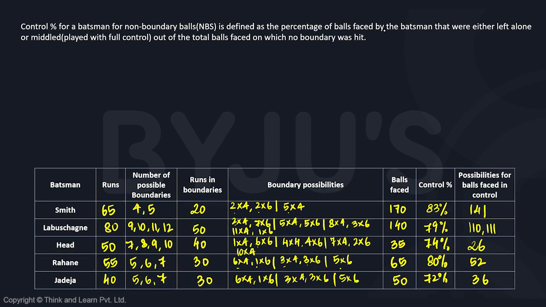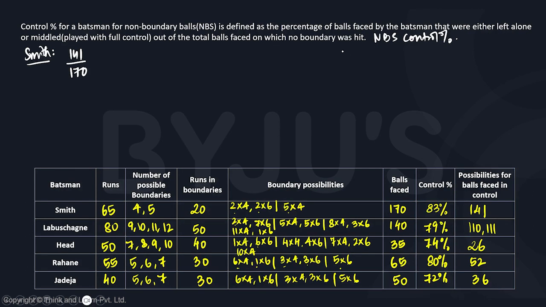So if we talk about the NBS control percentage, one by one, if we look at Smith, so Smith has total played 140, faced 141 balls out of 170, right?